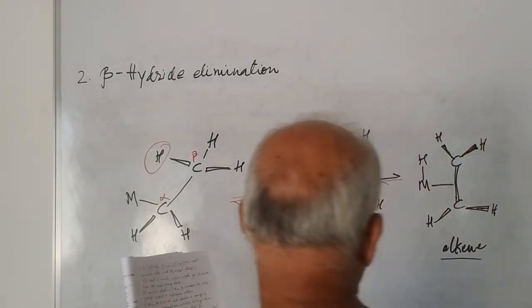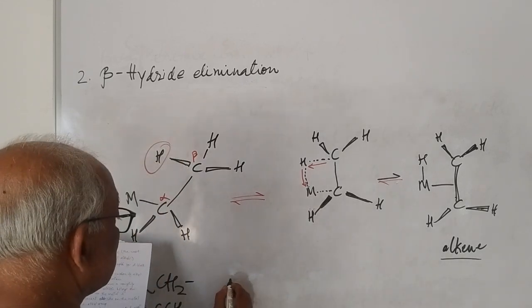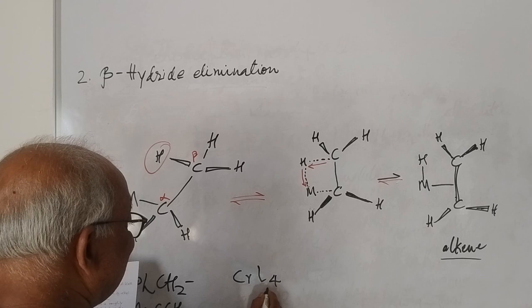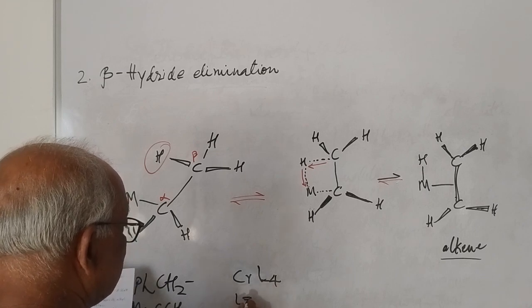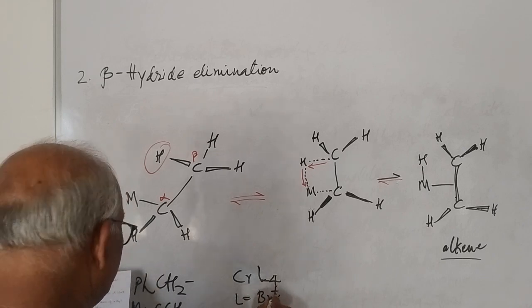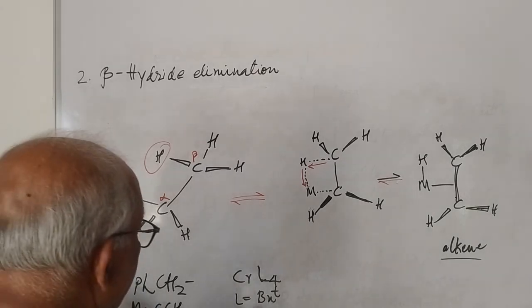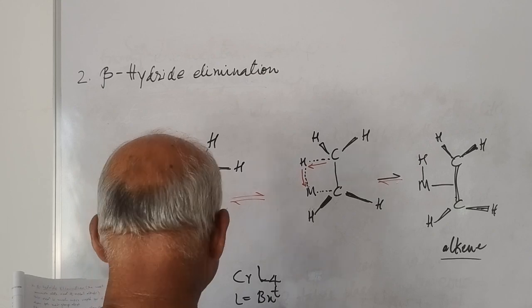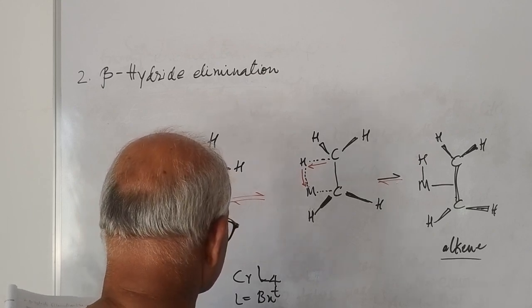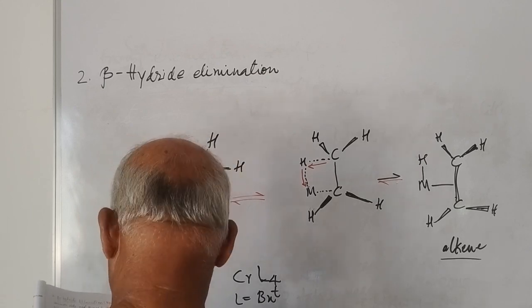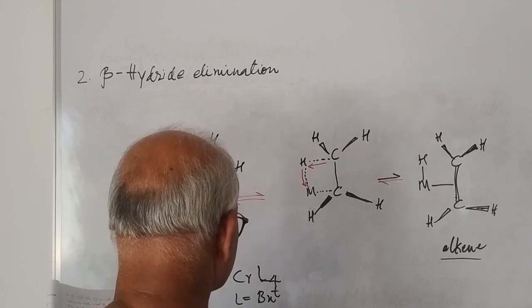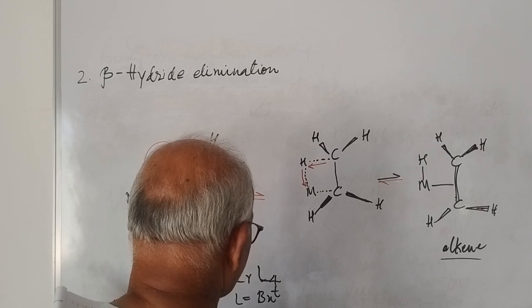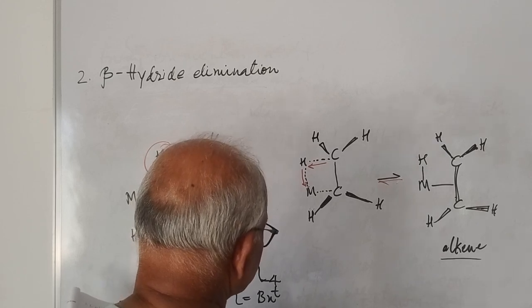For example, in the case of chromium, Cr alpha, here L is equal to tertiary butyl or 1-norbornyl.